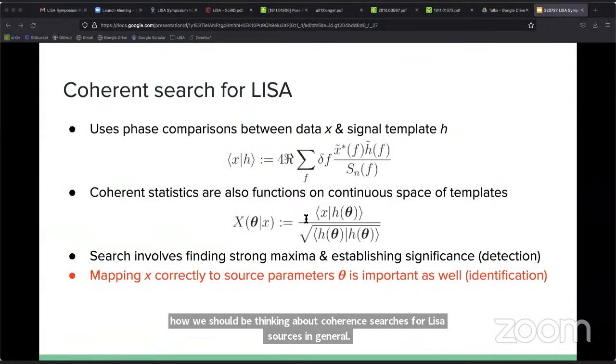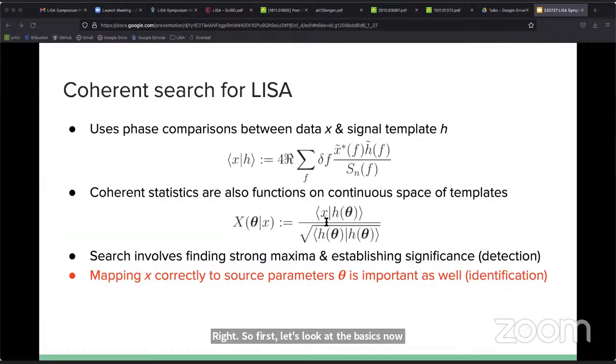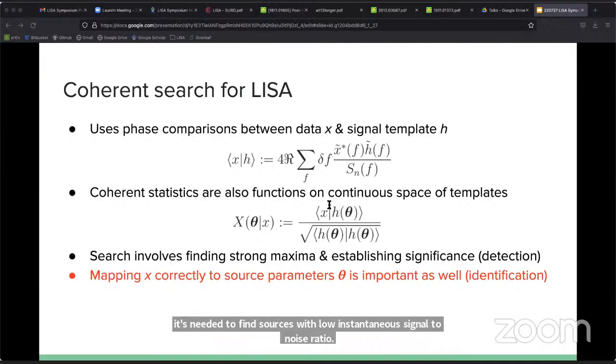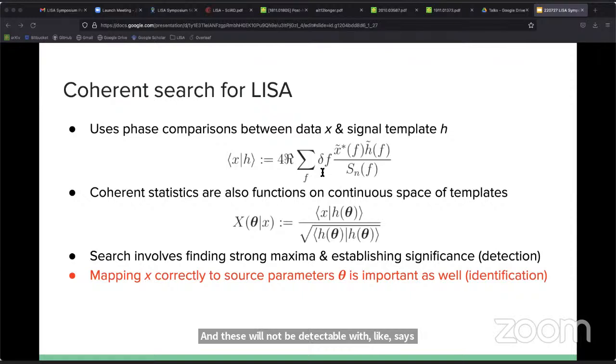Right, so first let's look at the basics. Coherent search is important in gravitational wave astronomy because it's needed to find sources with low instantaneous signal-to-noise ratio, and these would not be detectable with excess power methods. It essentially uses phase comparisons between the data stream X and some signal template H, and more specifically, it looks at this cross-correlation between X and H, which is weighted by a model for the detector noise.